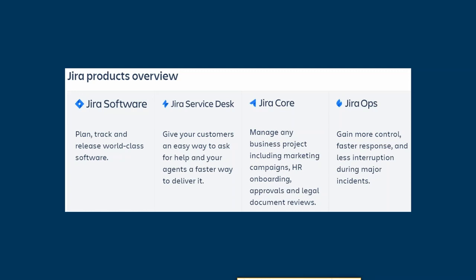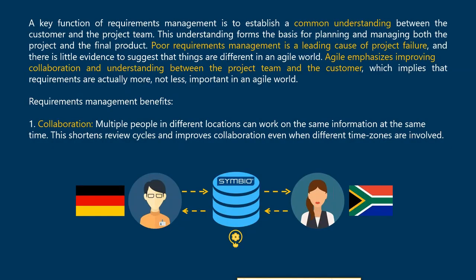So today we're going to focus more on the first one, the Jira software, although the same functionality in Jira is shared across all the modules. So technically speaking, the development work that was done now would be applicable for all the modules within Jira, which is good.